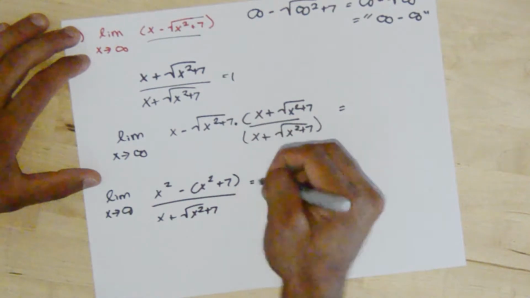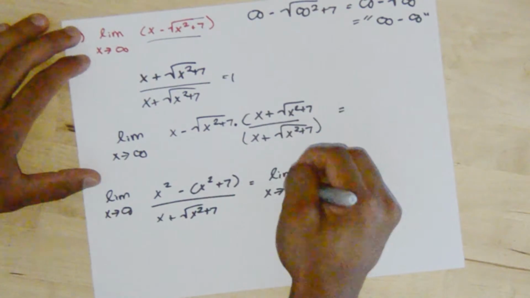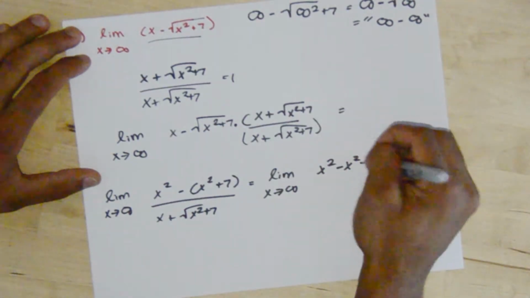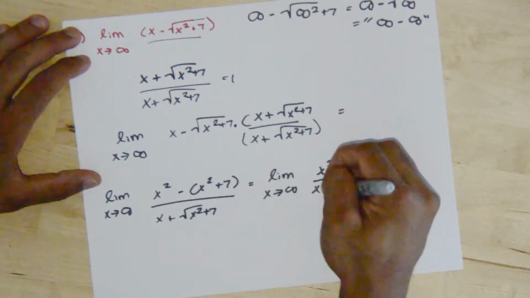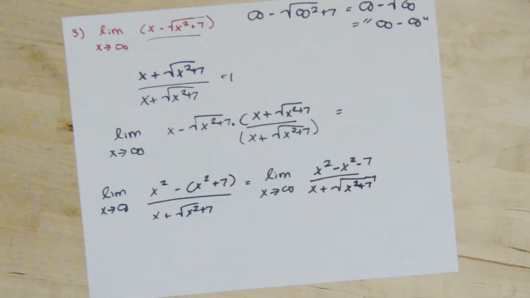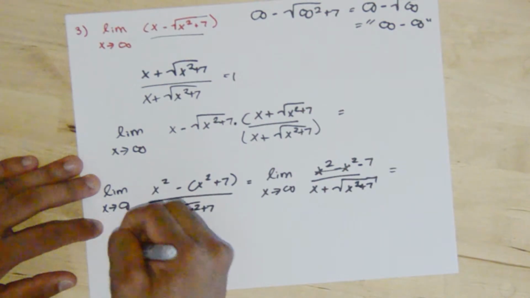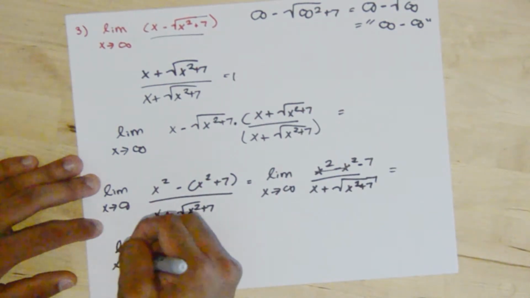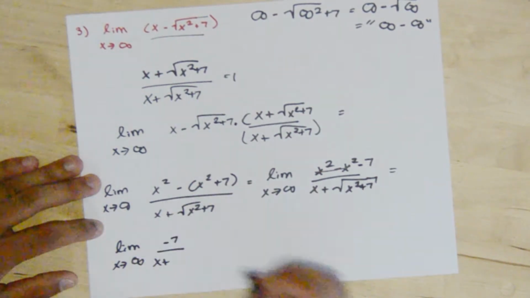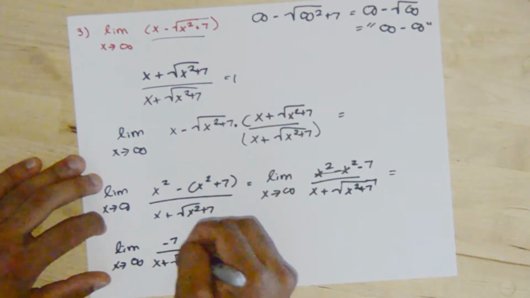So now if we simplify this out, you will get the limit as x approaches infinity of x squared minus x squared minus 7 over x plus the square root of x squared plus 7. And canceling, we get this equivalent to the limit as x approaches infinity of negative 7 over x plus the square root of x squared plus 7.